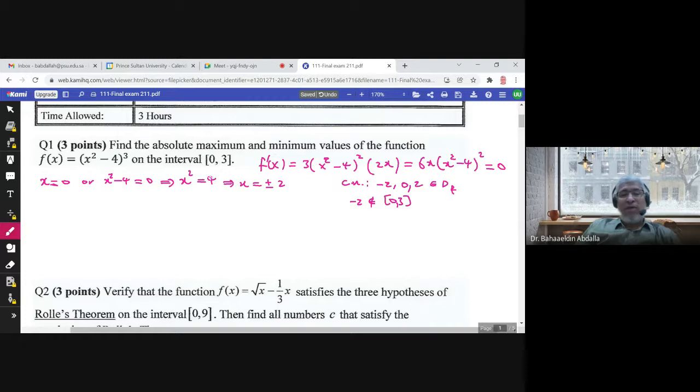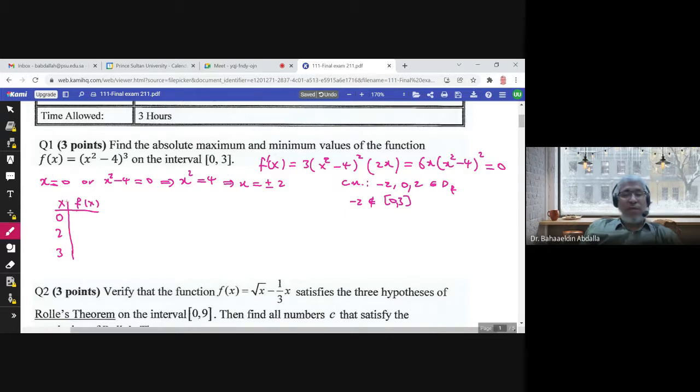To find the absolute maximum and minimum, we make a table of x and f of x, and we put the endpoints of the interval, 0 and 3, and the critical numbers inside this interval, which are 0 and 2. 0 is already there, so I have three numbers.